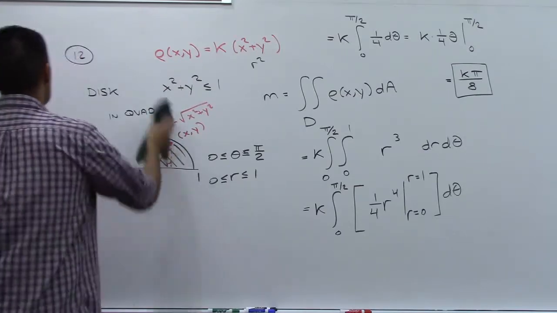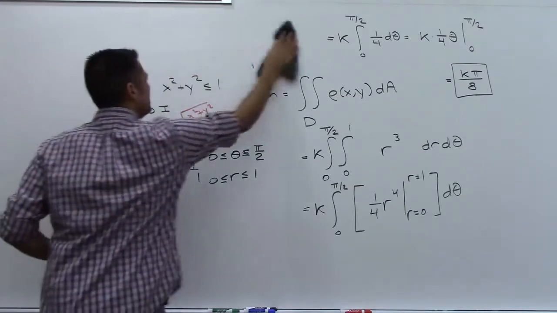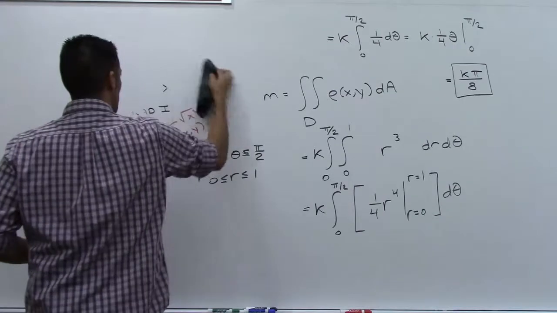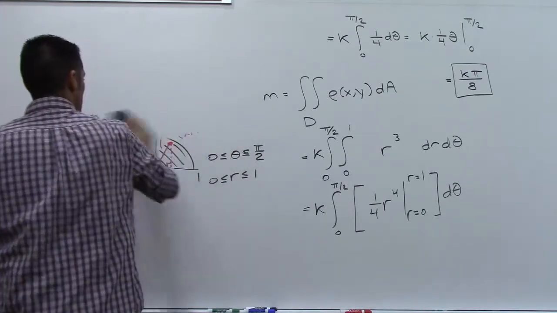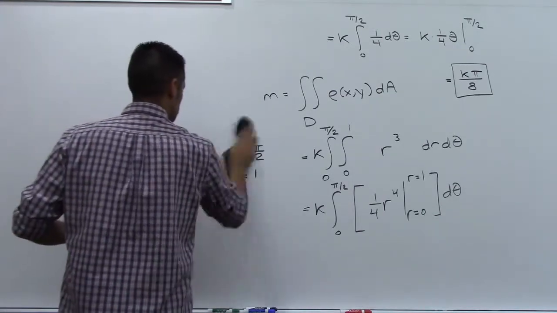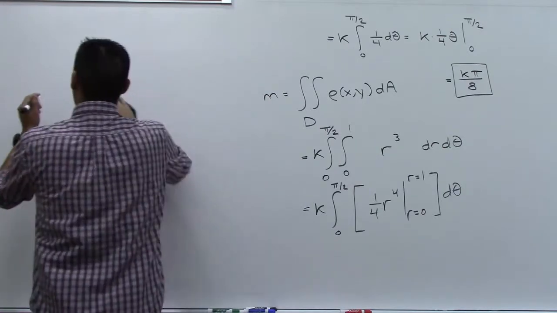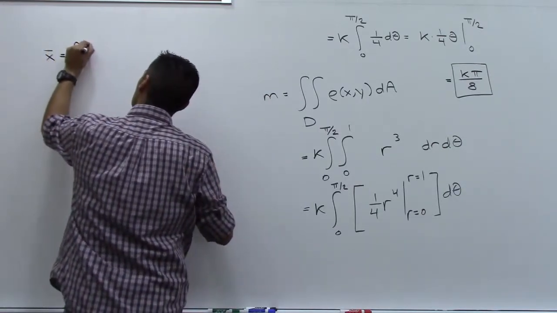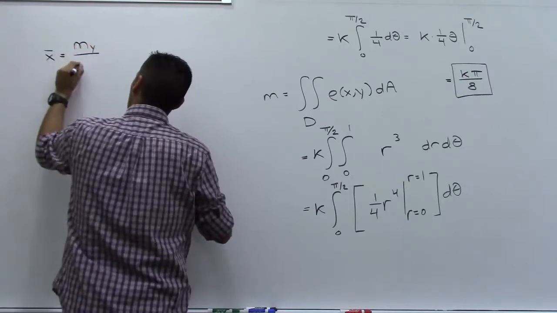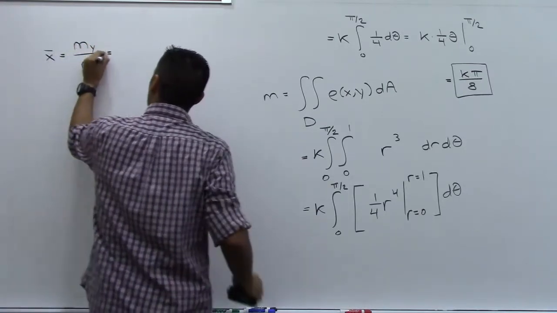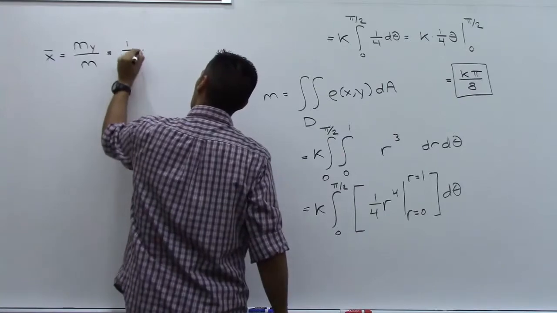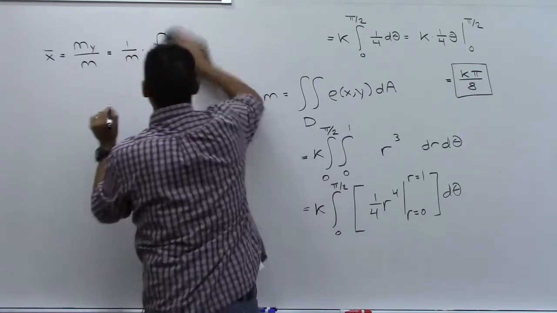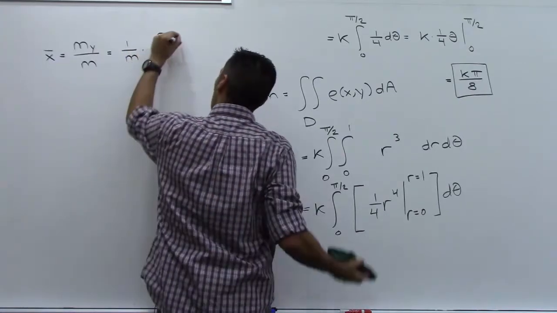Now the next step is to find the x bar. So I'm going to go after the center of mass now. I have to find x bar and y bar. Okay, x bar is going to be the moment about y over the mass, which is the same as 1 over the mass times the moment about y.